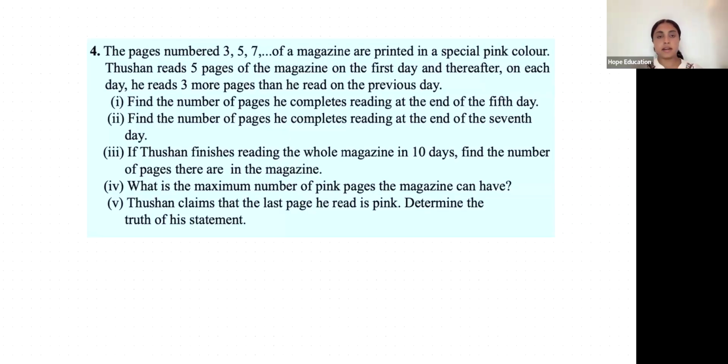The pages numbered 357 of a magazine are printed in a special pink color. Tushan reads 5 pages of the magazine on the first day, and thereafter, on each day, he reads 3 more pages than he read on the previous day.